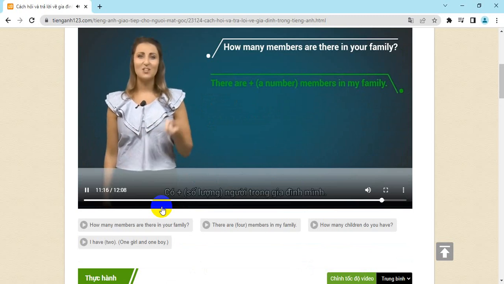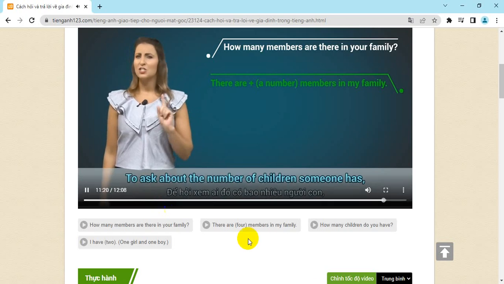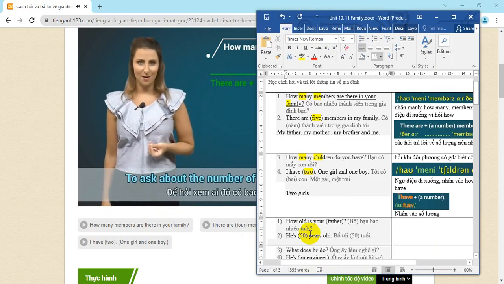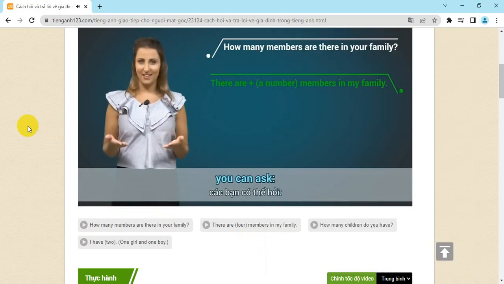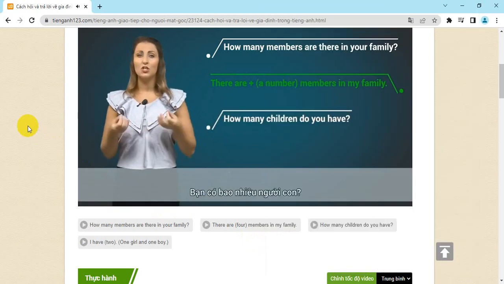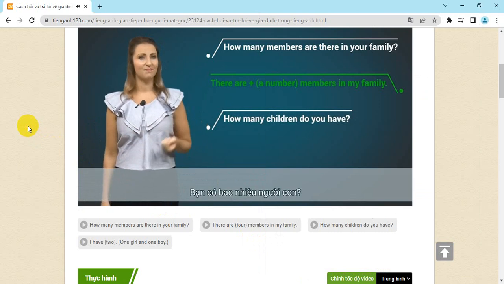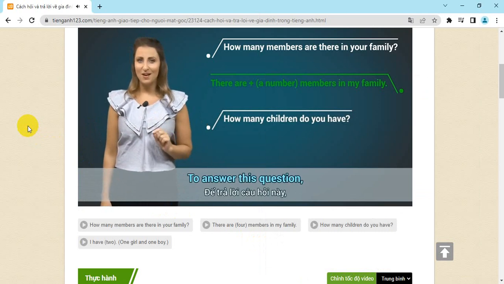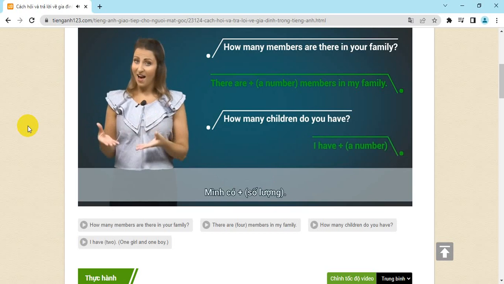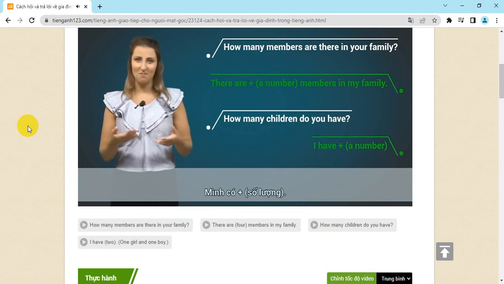To ask about the number of children someone has, you can ask, how many children do you have? To answer this question, you can say, I have plus a number.